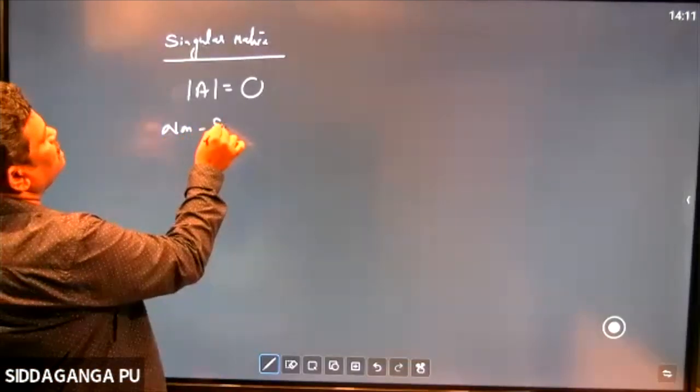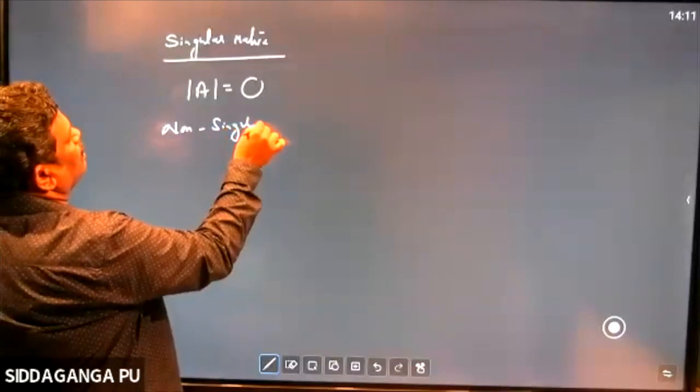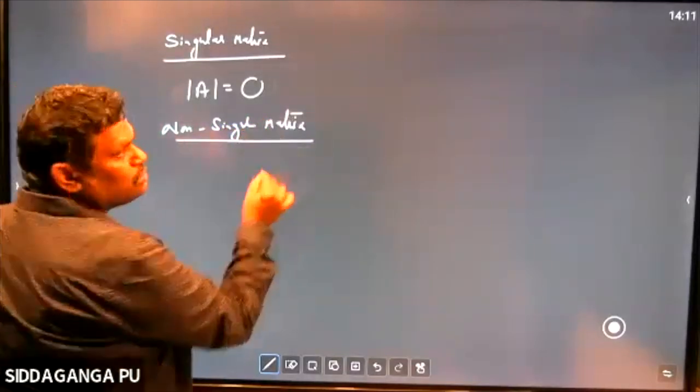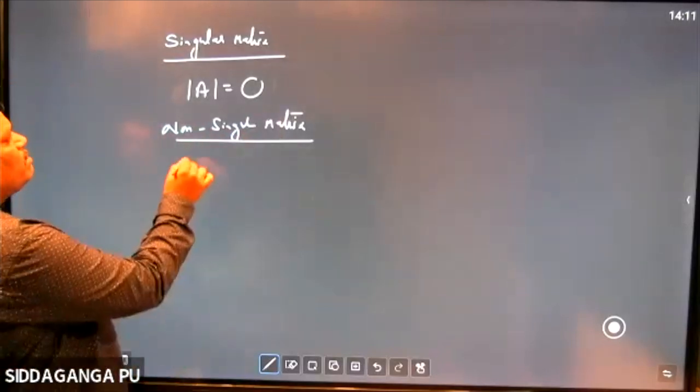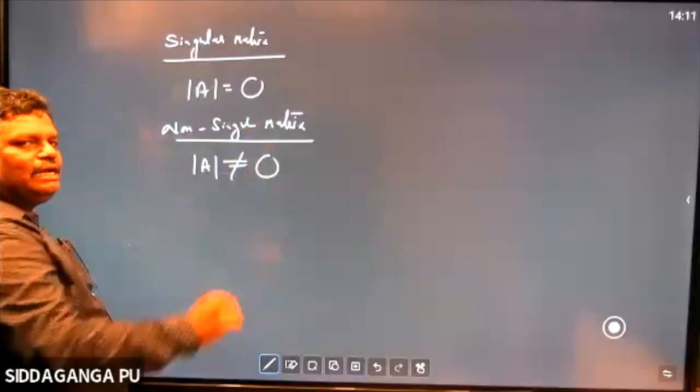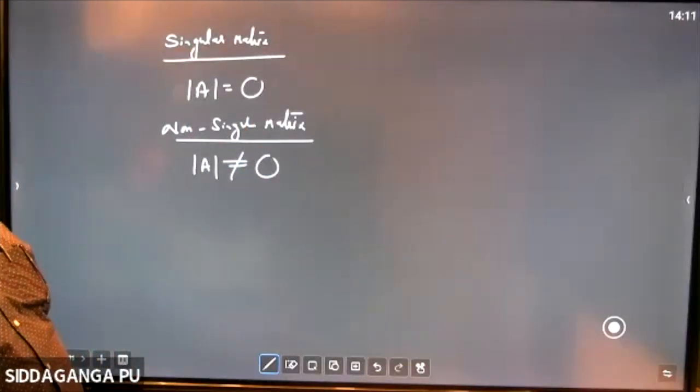Non-singular matrix: if the determinant of a matrix is not equal to 0, then that matrix is said to be a non-singular matrix.